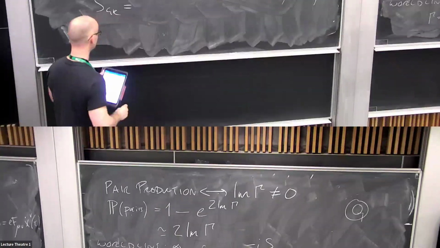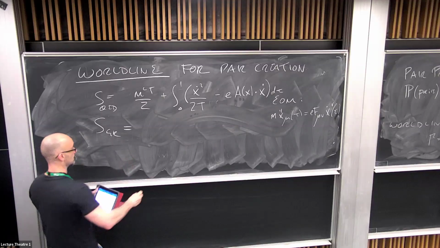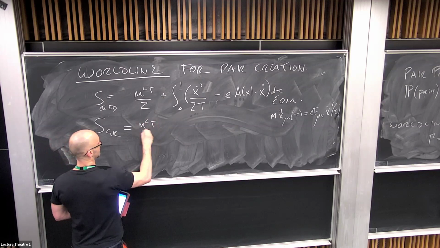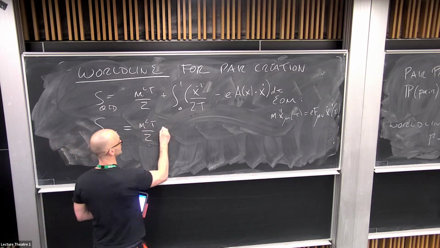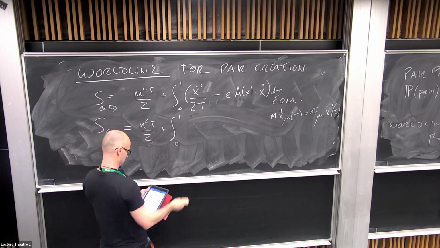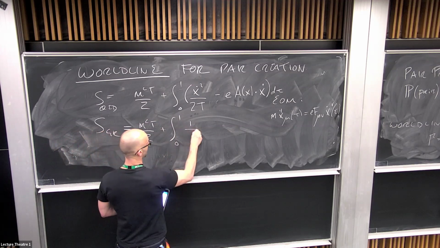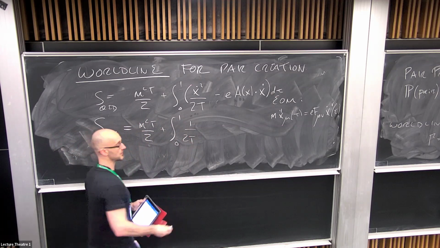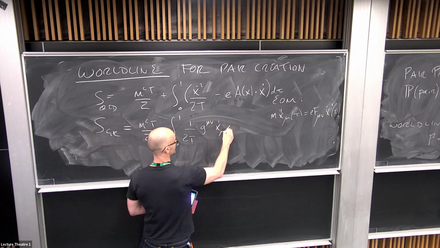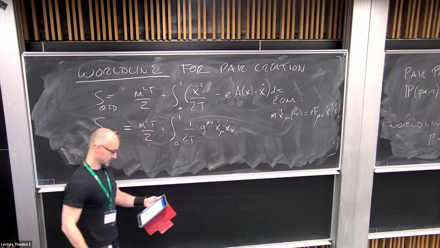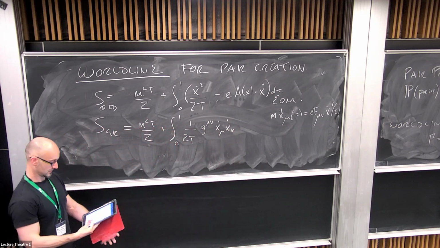And then gravity, well, what could that be? You get m squared T over 2, no surprises there. And then I've got a particle in a background metric. So I've got something like g mu nu, x dot mu, no surprises there.